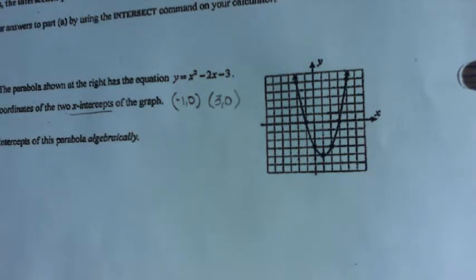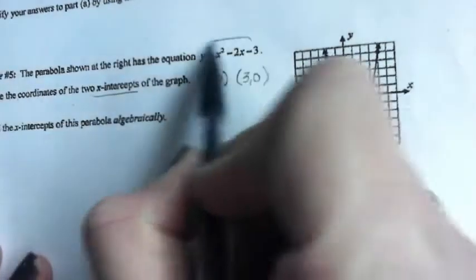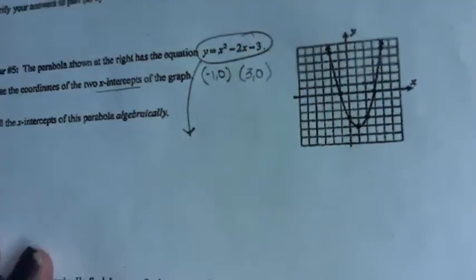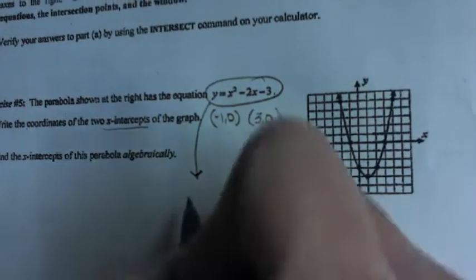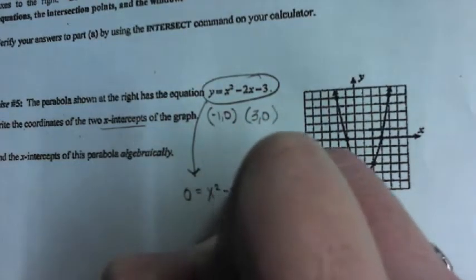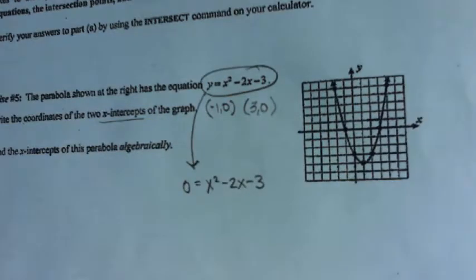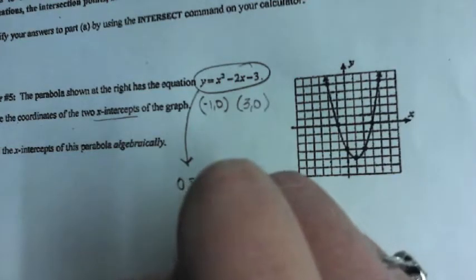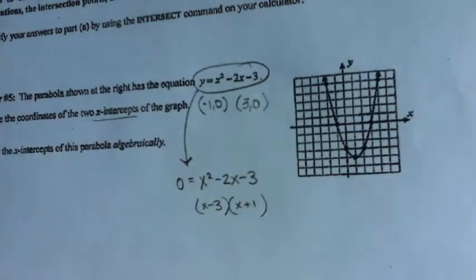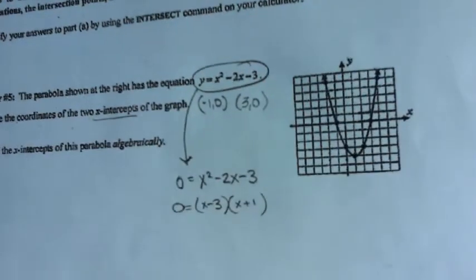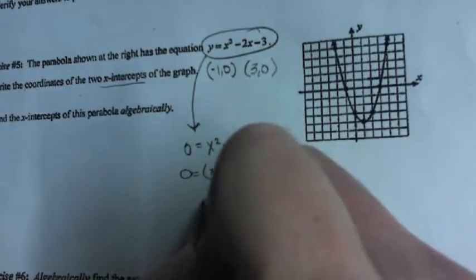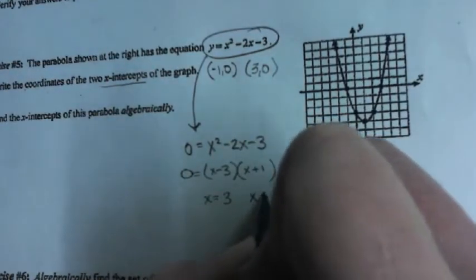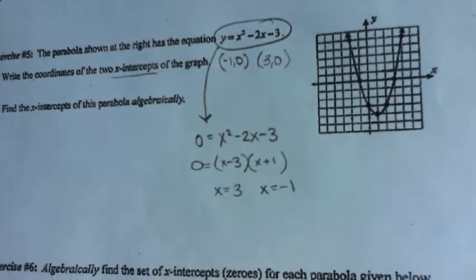Easy, right? Part B wants you to find the x-intercepts algebraically. Here we go. To find an x-intercept, you set y equal to 0. Here we're going to get to show off our factoring, and solving with factoring via teeing it up using the zero product property. And obviously, what do you notice?